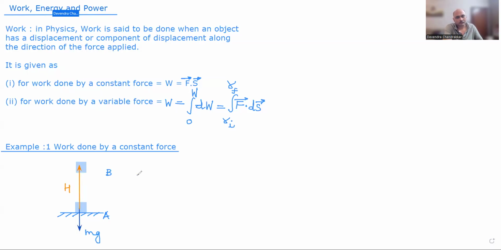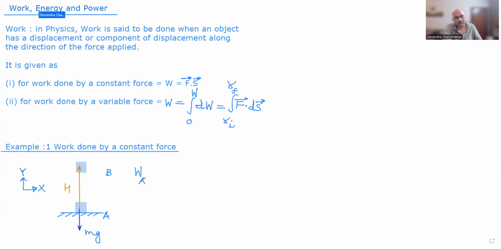Okay. This is x-axis. This is y-axis. I hope all of you understood what this is. Now, to find work done by mg, mg is a constant force here, right?